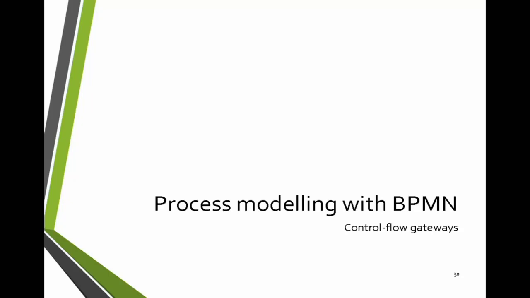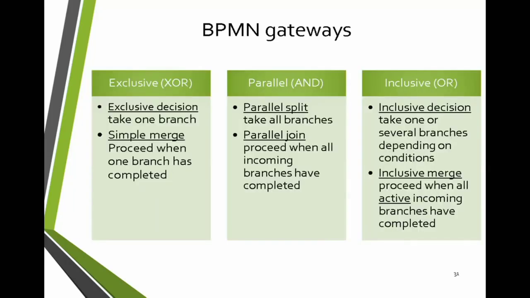I will start with one additional control flow gateway that I want you to be able to use or know. I don't necessarily claim that you need to use it. I would just like one additional gateway that I want you to be aware of. That gateway is the so-called inclusive OR.